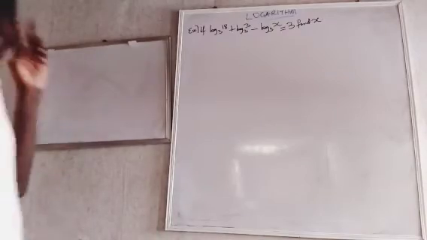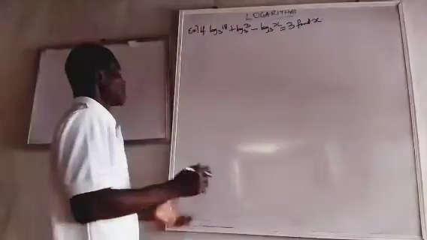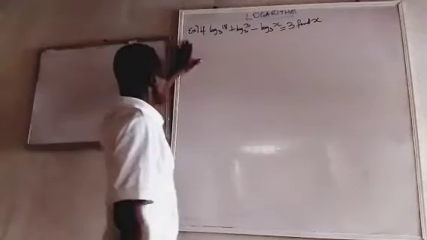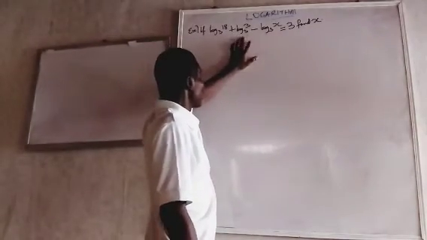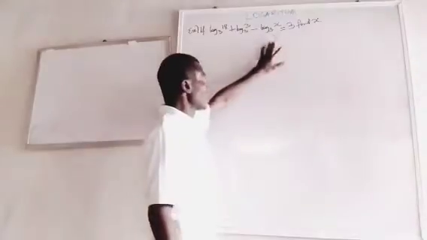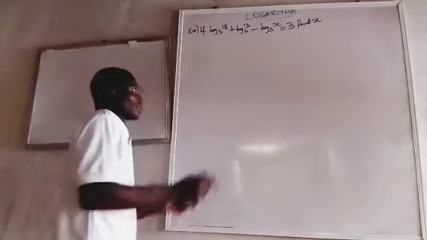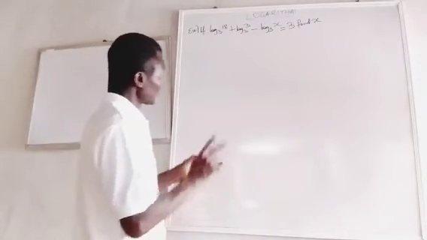You can come across this in multiple choice question or normal theory question, depending on the kind of exam. We have this. It says if log 18 to the base 3 plus log 3 to the base 3 minus log x to base 3 is equal to 3, find x. We have known that where we have addition is multiplication, where we have subtraction is division.